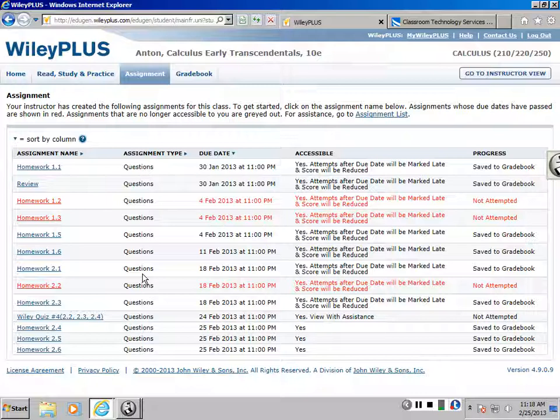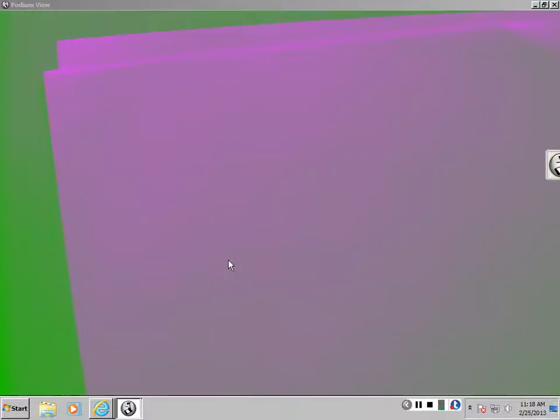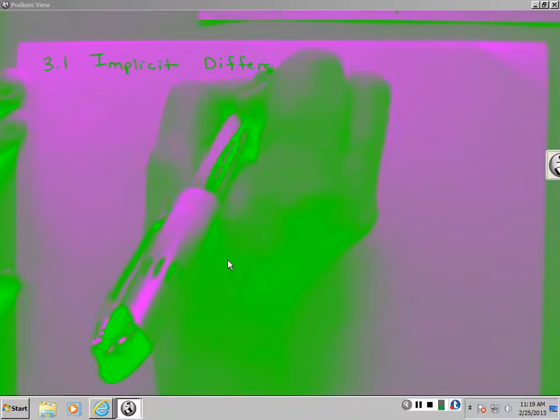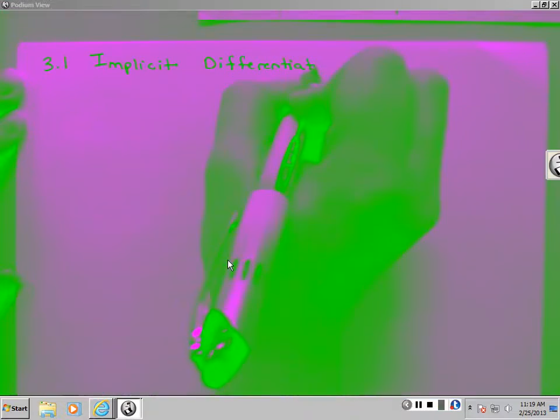Okay, so that was some questions from the homework. So let's talk about the next section, which would be the beginning of chapter 3, 3.1. So 3.1 is implicit differentiation.